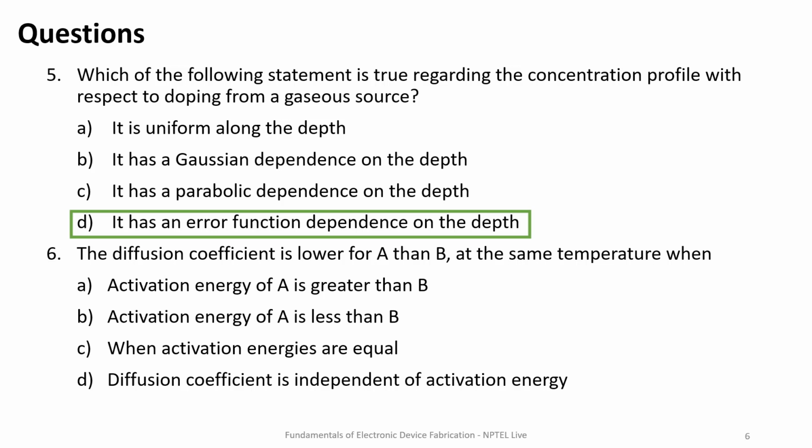So next: the diffusion coefficient is lower for a material A than B at the same temperature when the activation energy of A is greater than B, when the activation energy of A is less than B, or when the activation energies are equal, since diffusion coefficient is independent of the activation energy. In case of thermal diffusion, we had an equation. First you have to identify that equation, and in that equation tell me the role of diffusion coefficient, and then the answer.